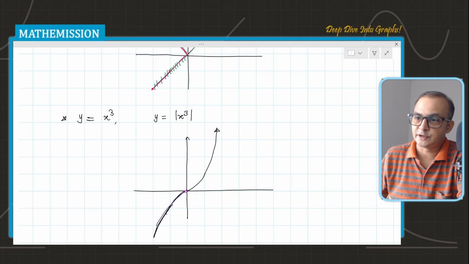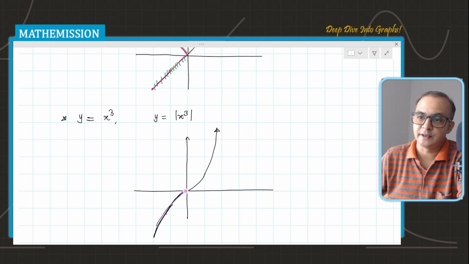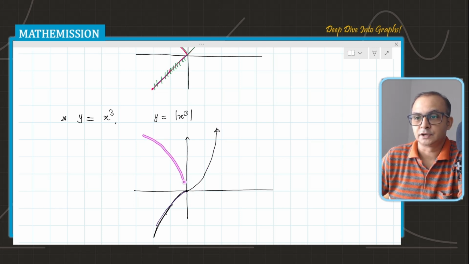So basically, I'm taking the x-axis as a mirror. So this is our mirror, and I'm taking the image of it in that mirror. It means the image will look like that. And this part and this part together will form the graph of modulus of x cube.